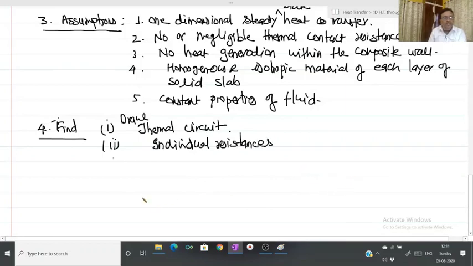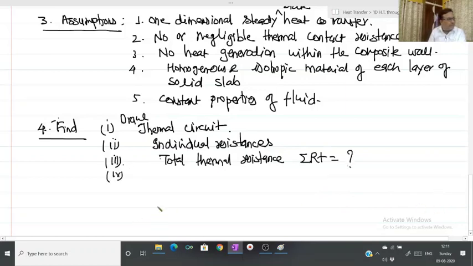That is, the resistances provided by the hot and cold fluid layers as well as all the slab materials. Then the total thermal resistance of the system, the summation of RT.